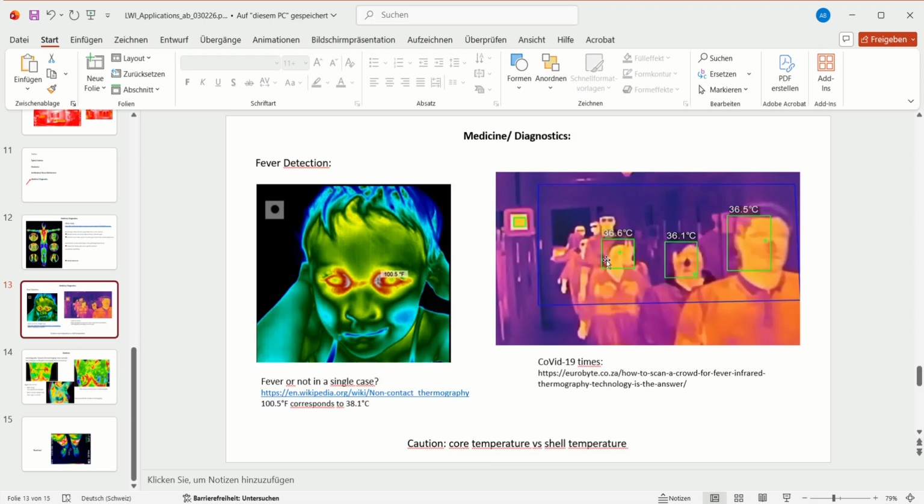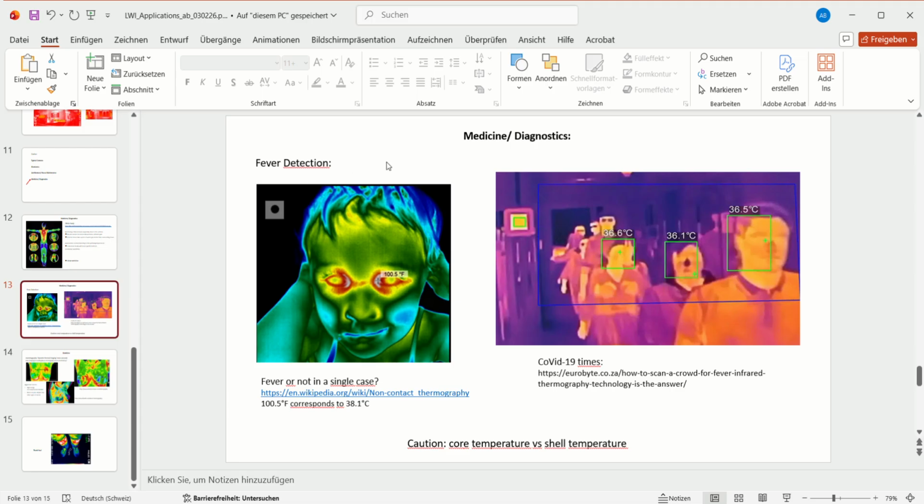You can also measure fever by just taking pictures, for example, where many people pass in an airport or something. And as you can see in this example, there are 3 persons where the camera gave out temperatures and none of them has fever.